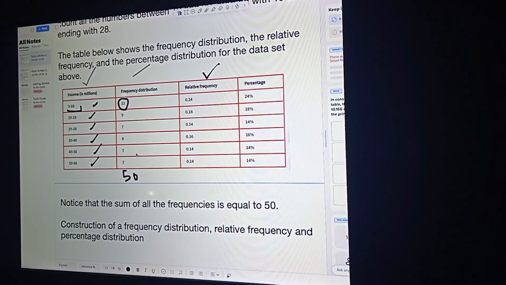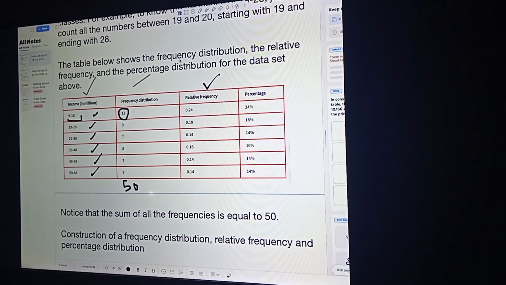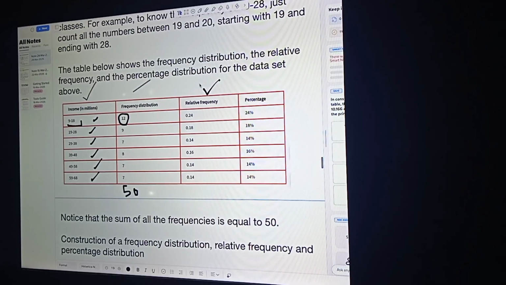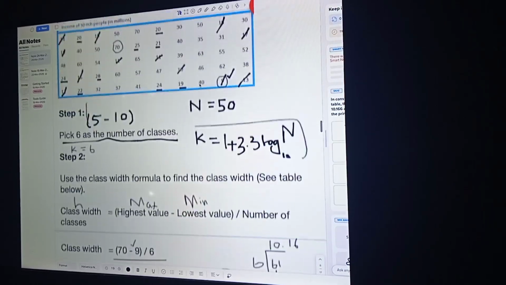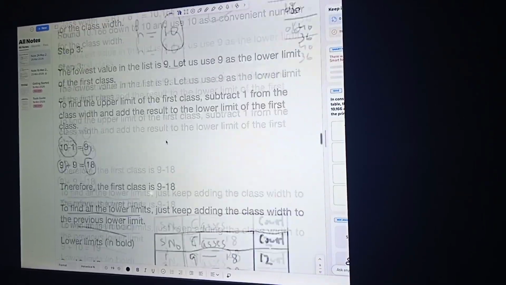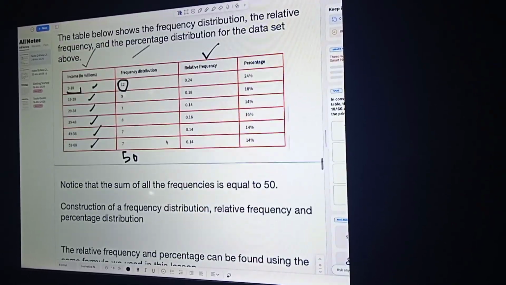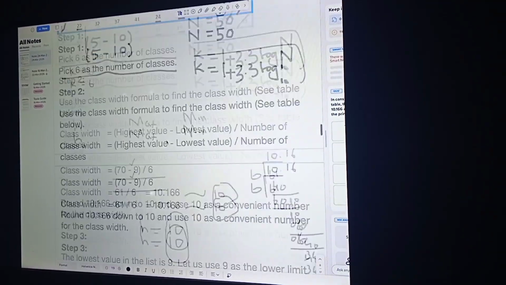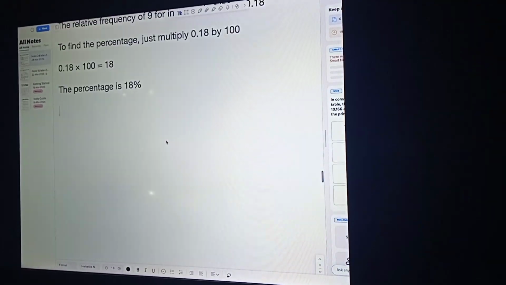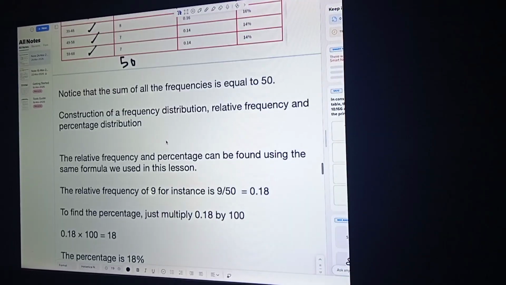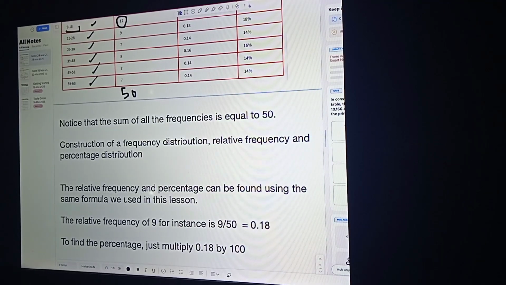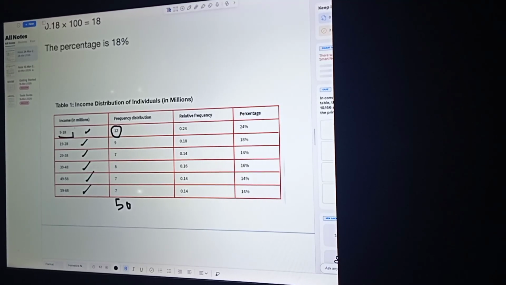Now this table is about the frequency distribution, the relative frequency and percentage distribution of the data set above. Now you can interpret your results from this table. So now you can add a title to this table.